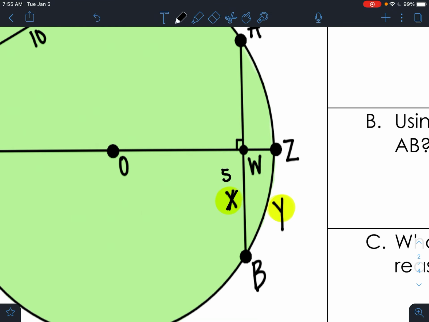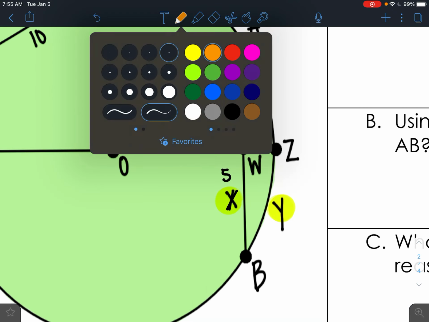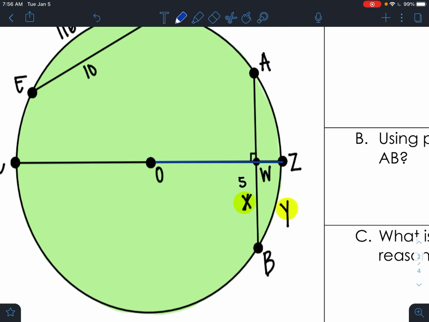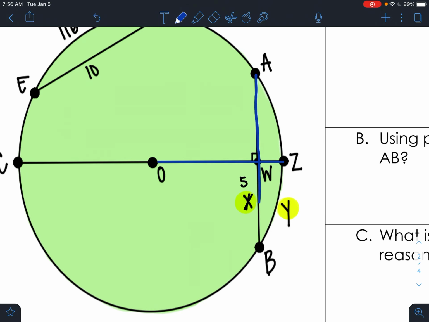So we're going to use the same theorem that we talked about on our last example, where if this radius right here is perpendicular to this chord right here, then what we know is that the radius bisects that chord, which means that if this segment right here is 5, then this segment right here is also 5, which means the full length of AB is 10.